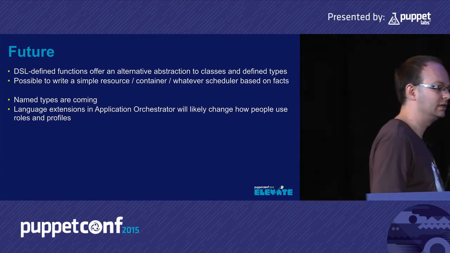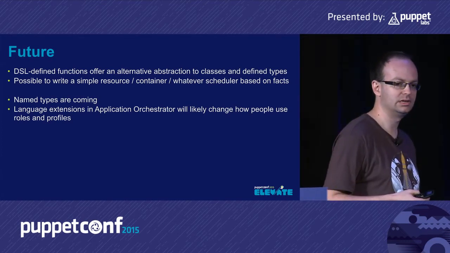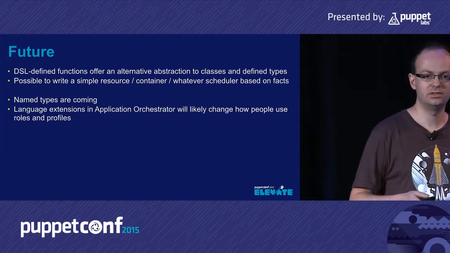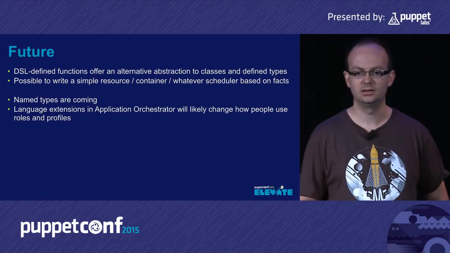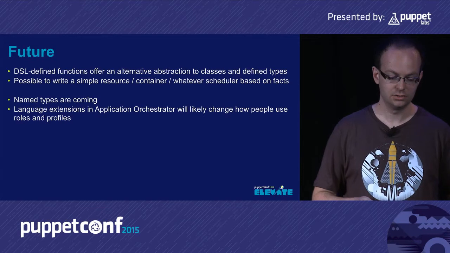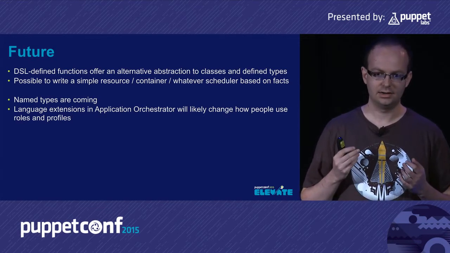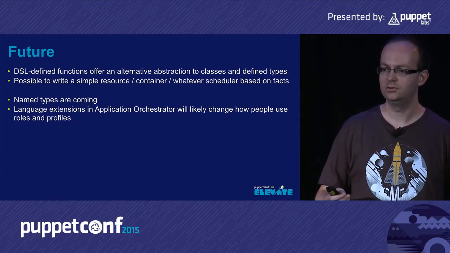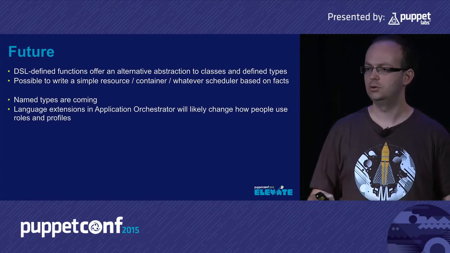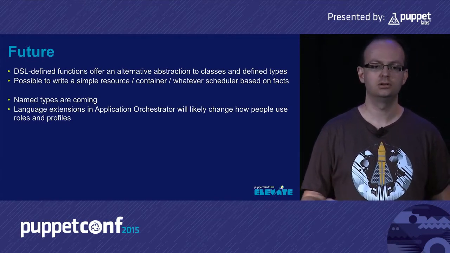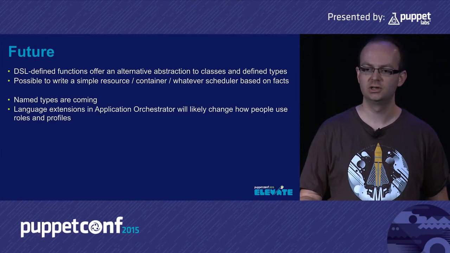Composing functions is something that the programming world has much more experience with than the existing Puppet abstraction layers. So I would ask you all to think about what your code might look like using functional composition to solve some of these problems.